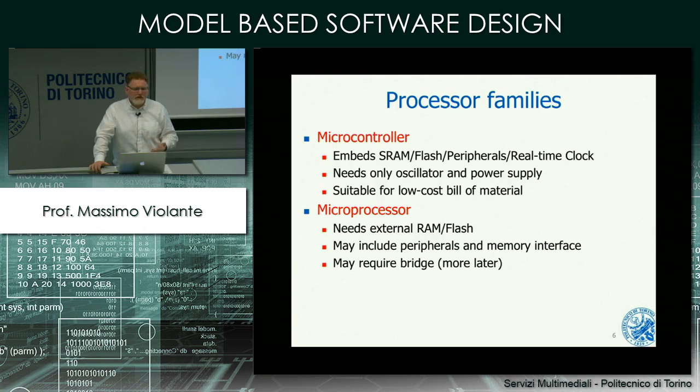This has some drawbacks, in the sense that we cannot have an expandable memory. If the memory is integrated within the chip, you cannot open the chip to fit new memory inside, okay? But on the other hand, this is very helpful to build a system that is very simple.